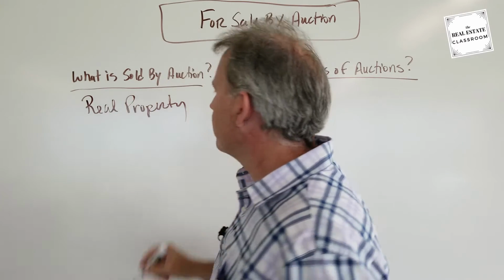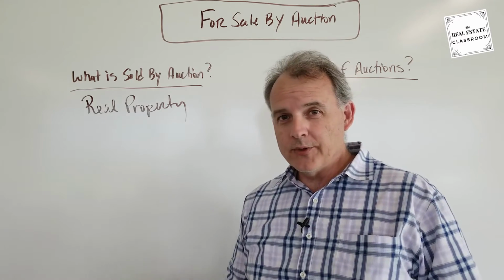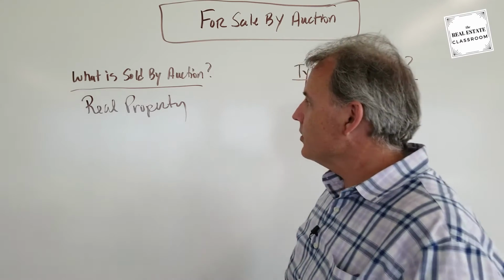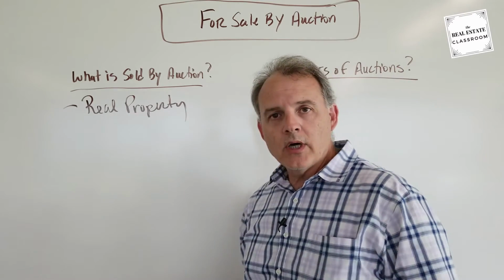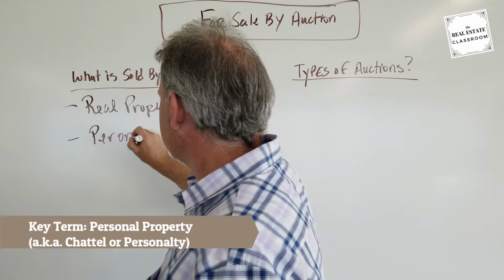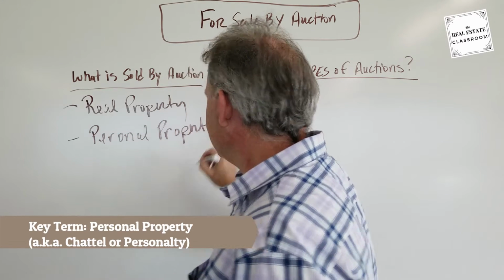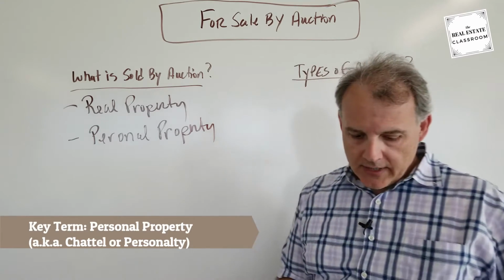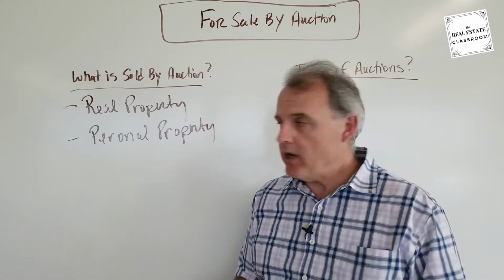And remember, real property is real estate. Whether it's raw land, whether it's improved land, that is certainly one type of property that can be sold by auction. Another one is personal property. Now, don't forget, another name for personal property is a chattel. That is another commonly a.k.a., also known as.